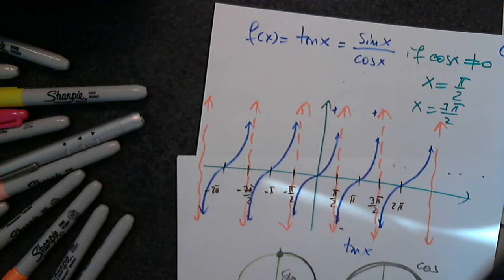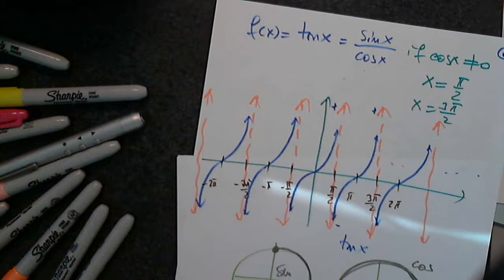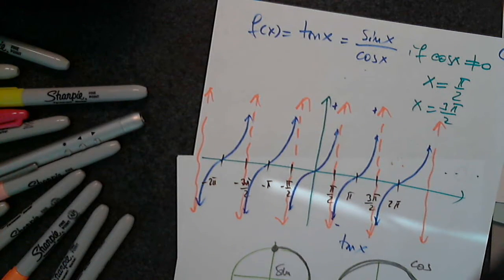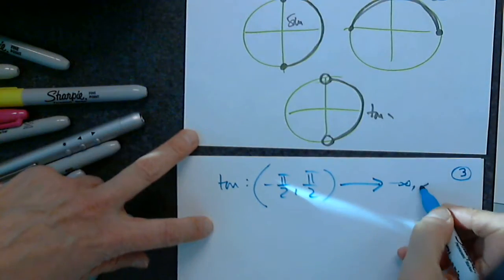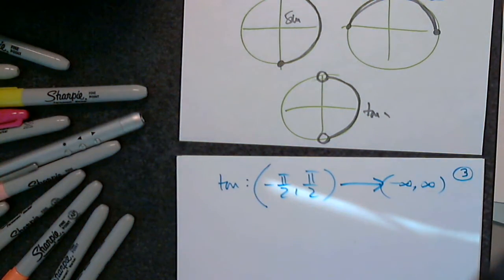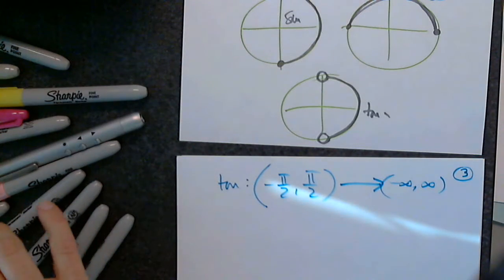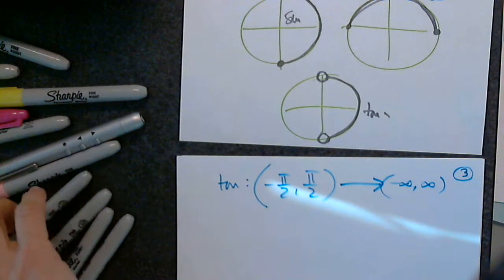Negative infinity to infinity, of course. When we talk about asymptotes, there is no stopping. When we talk about vertical asymptotes, there is no bound, right? Otherwise, it will not have a vertical asymptote. Remember the definition of the vertical asymptote: when the function blows up, or goes down to negative infinity or goes to positive infinity. That's the definition of the vertical asymptote. Is that okay? Very good.